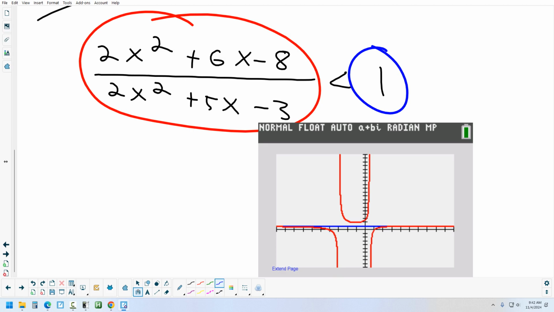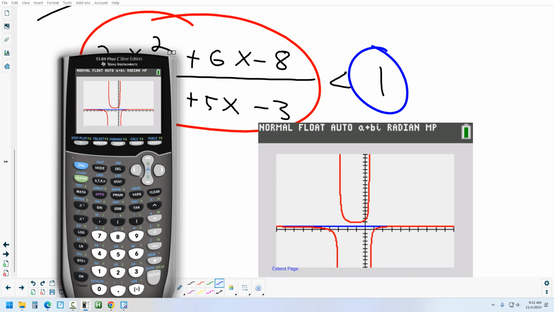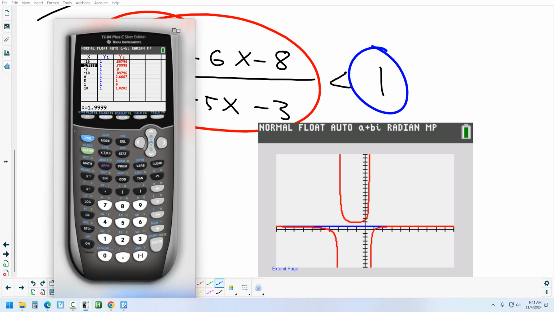Let's look at the left part. It looks like it's under the blue line. That's what we want. But I want to go to my table, and let's make sure that it stays under the blue line if we keep heading to the left. Let's try -10. Look at the red. Is that still under 1? Yeah. All right, let's go further.